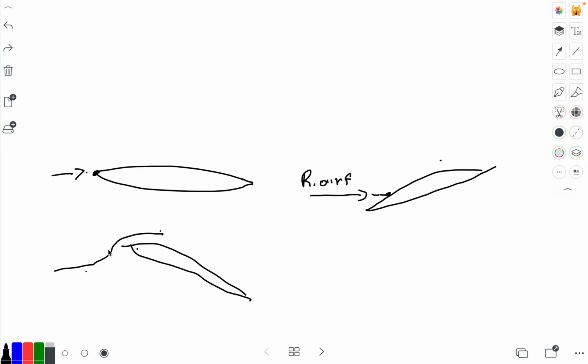As we increase the angle of attack, the lines converge here and speed increases at this point.